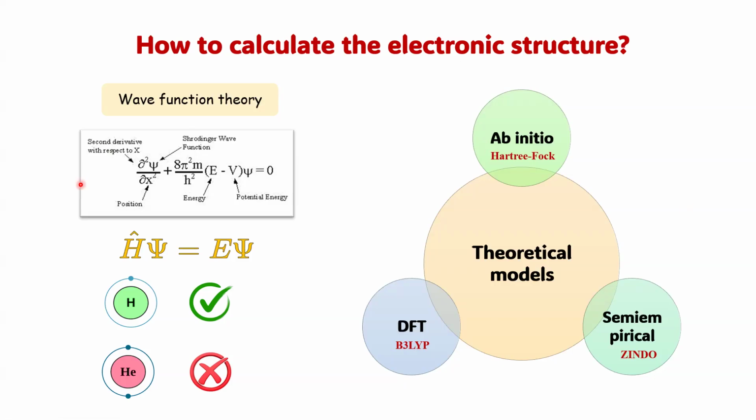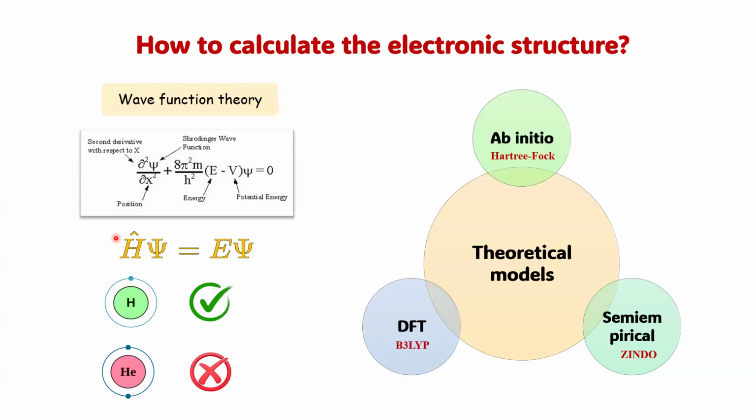Whenever we talk about the wave function theory, we talk about one famous equation, that is the Schrödinger wave equation. By using the Schrödinger wave equation, you can calculate the electronic structure of your system. This is the Schrödinger wave equation, in its short form. Here, H cap indicates the Hamiltonian operator, and psi indicates the eigenwave function, which gives the information about the set of solutions for your Hamiltonian.